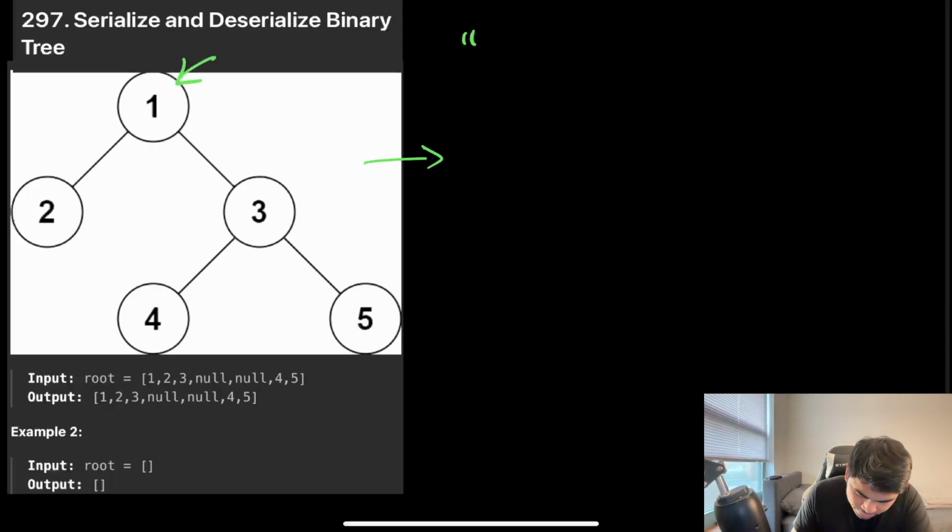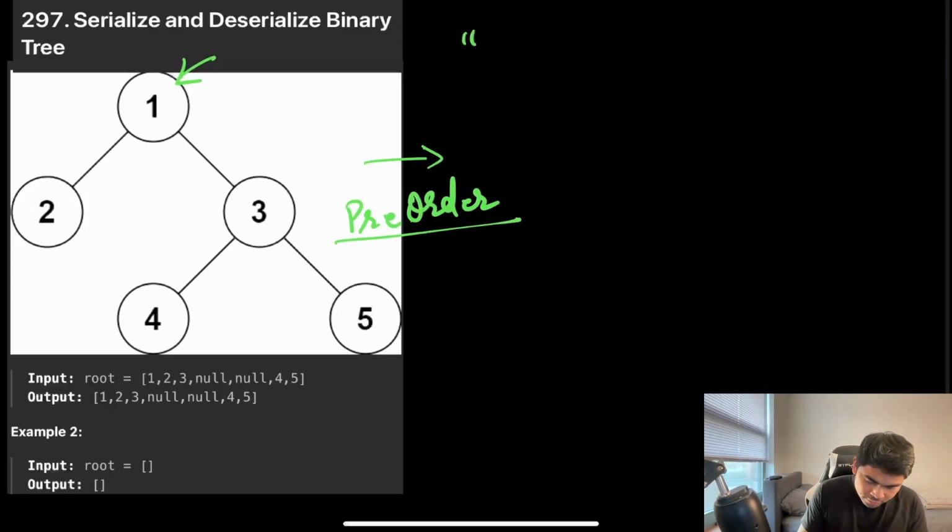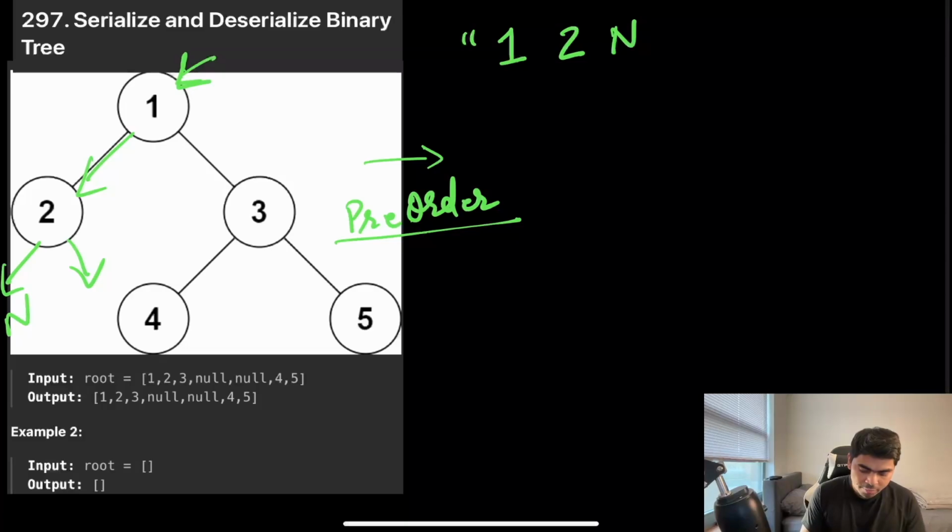So let's say I am writing the serialize function. First I visit, and I'm using pre-order traversal. Now I visit the root node, append it to my string, go left, append it to my string, go left again, it's null or None in Python, then go to its right, because I have already visited my root. This is done, and this is done.